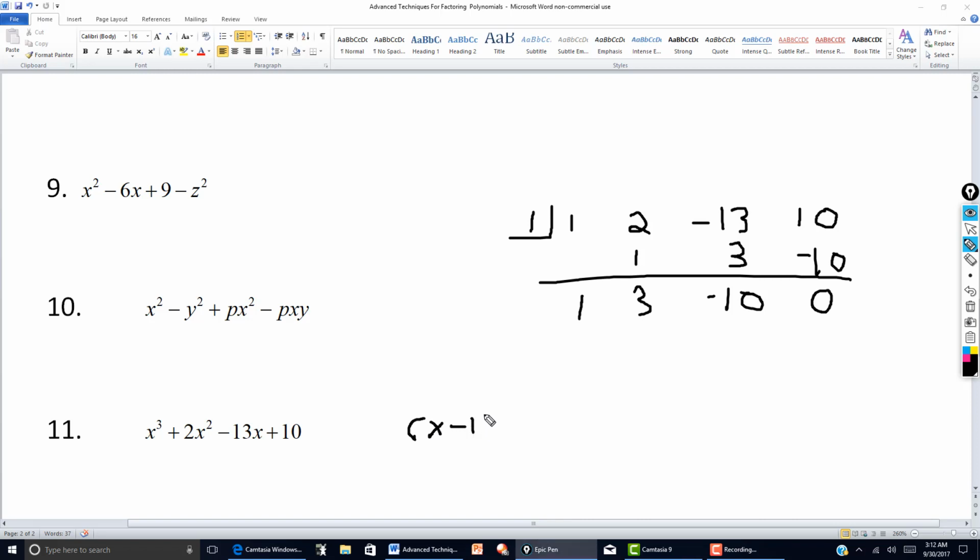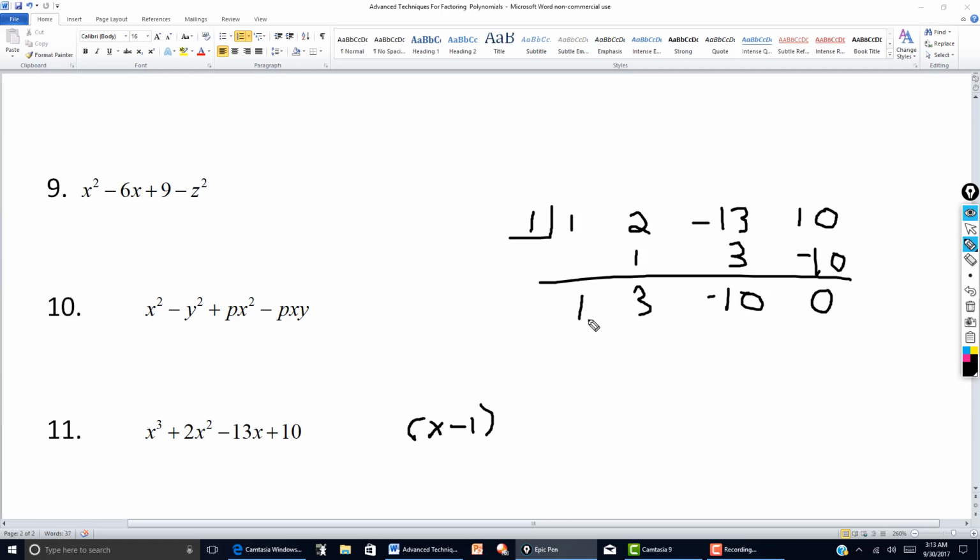But again, using your basic theorems from algebra, if 1 is a 0, then x minus 1 is a factor. Okay? So basically what I'm actually doing with this synthetic division is dividing this polynomial by x minus 1. So what do I get if I divide the polynomial by x minus 1?